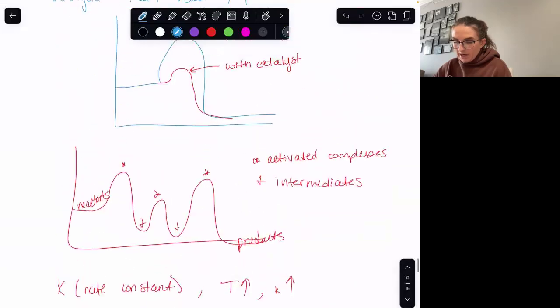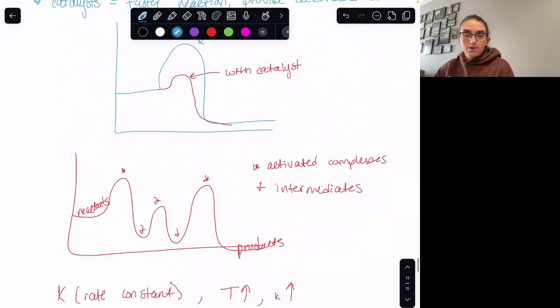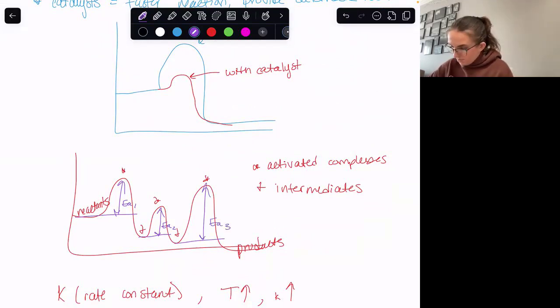Any questions on the reaction diagrams we were talking about here? Anytime, right here to here, this is an EA1. Here to here, this is EA2. Here to here is EA3. So your largest EA is equal to your rate determining step, which is your slow step.